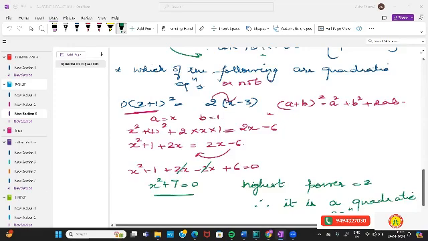Children, note this. Your exercise 4.1. Basically, it contains these type of questions where you have to check whether the given equation is a quadratic or not. Please note this, beta.